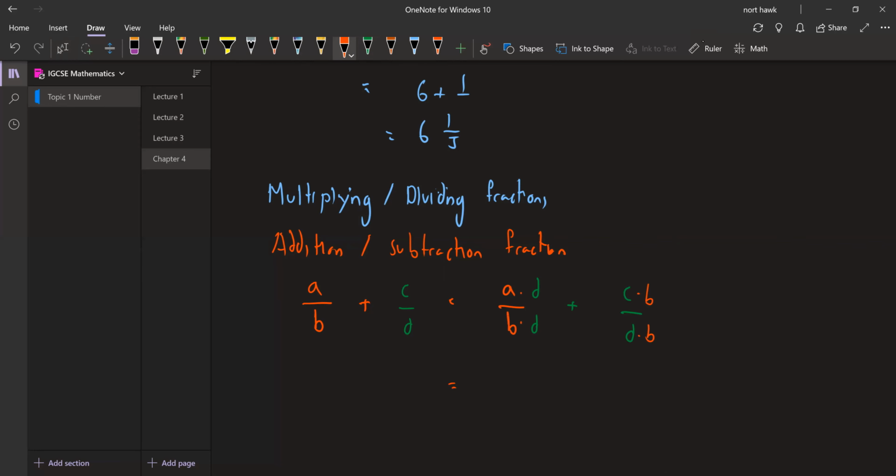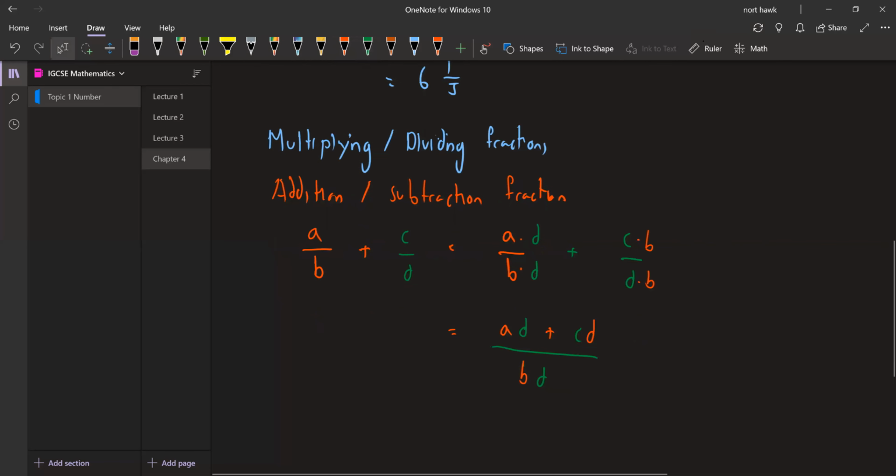Now it becomes AD plus CB over BD. That's how you add it.